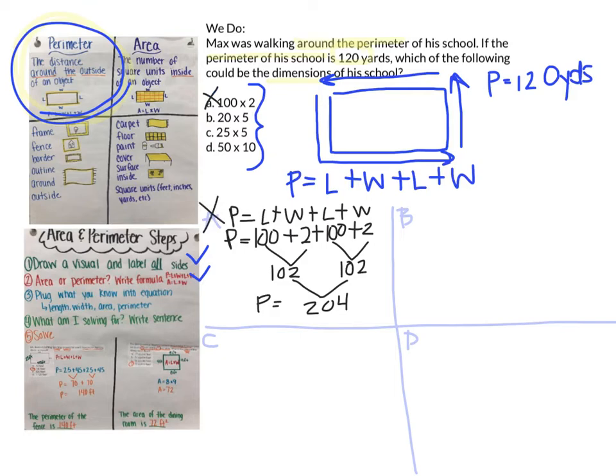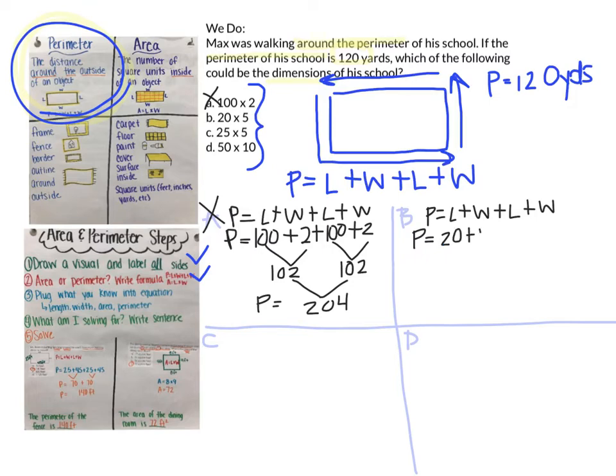Okay, moving on to answer choice B. 20 by 5. So we know our formula for perimeter. Perimeter equals length plus width plus length plus width. Next, we're going to plug in the dimensions given in B. My length is 20.